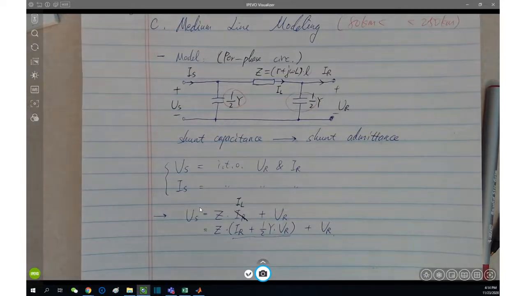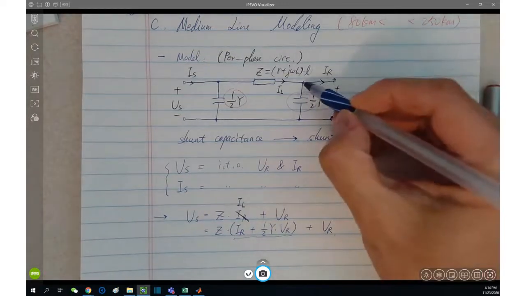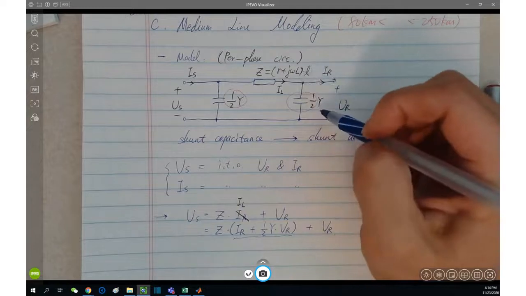What's the principle here? Current law, yes, it is a current law, but it's KCL. If you write KCL at this node, what do you end up with?